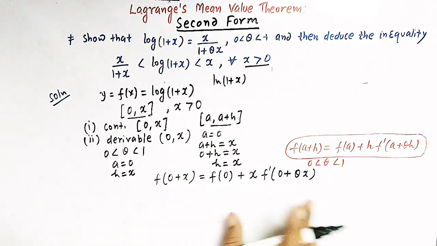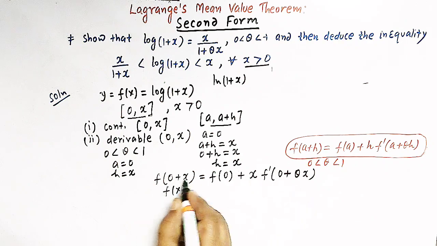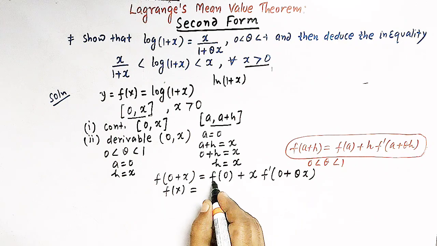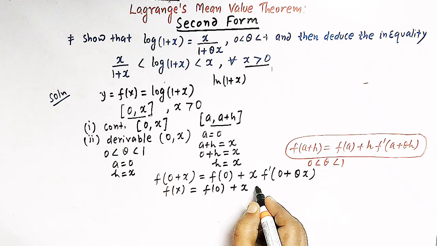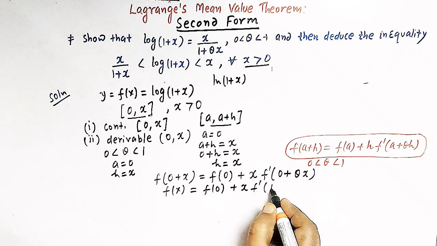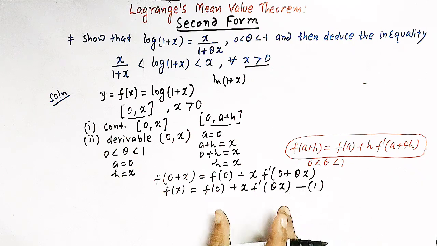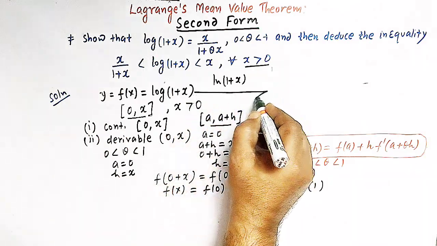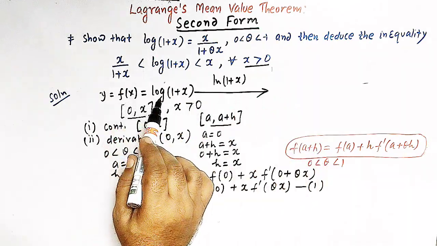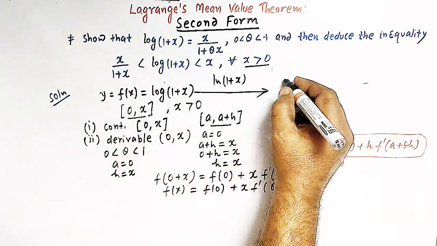So now let us simplify it. So we have f of x, 0 plus x is x, f of 0, and then we have x times f prime of theta x. So this is an important equation. Now let us again come to this function f of x is equal to log of 1 plus x. So let us differentiate f of x.